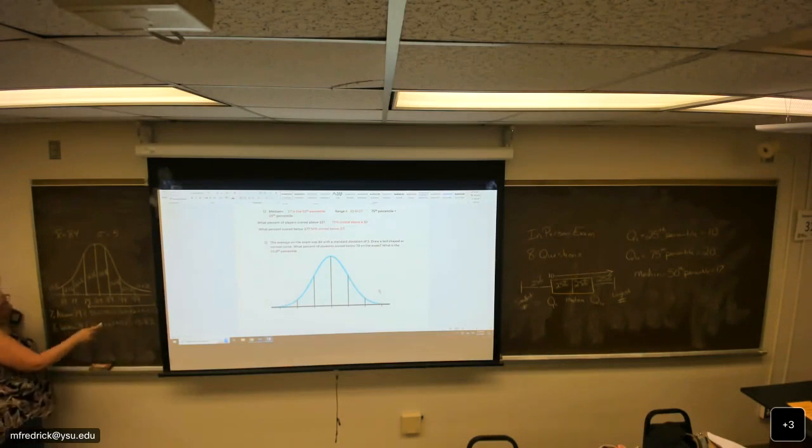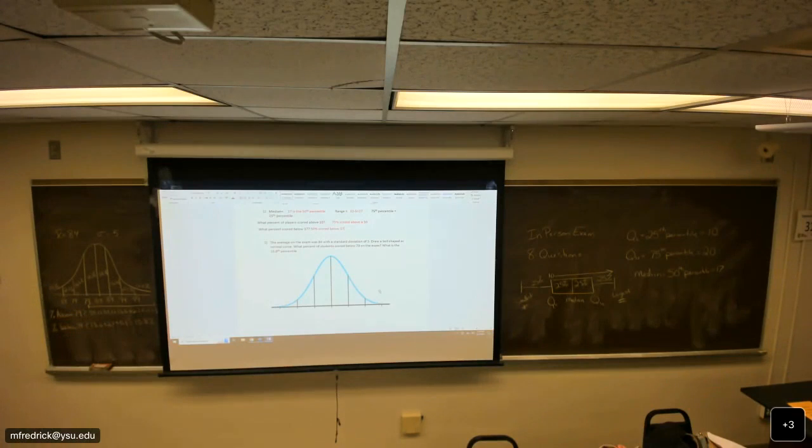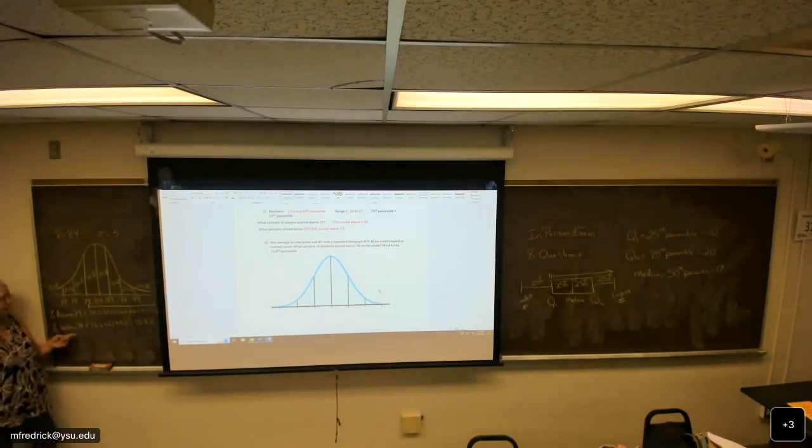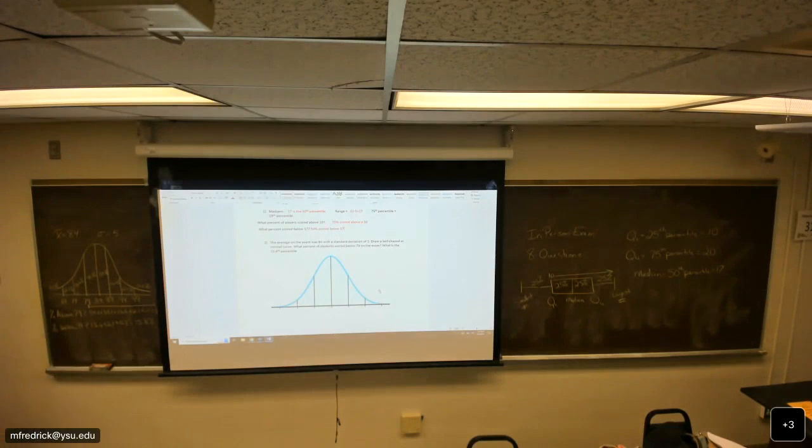This one would be 15.8% below. Questions on that? The 15.8 percentile. Well, we already found that 15.8% are below 79, so 79 is the 15.8 percentile. It's given.